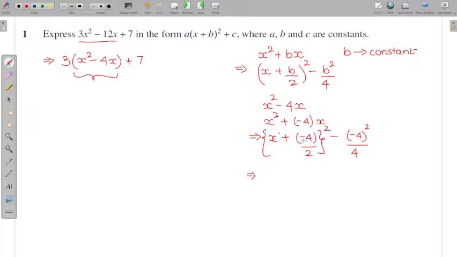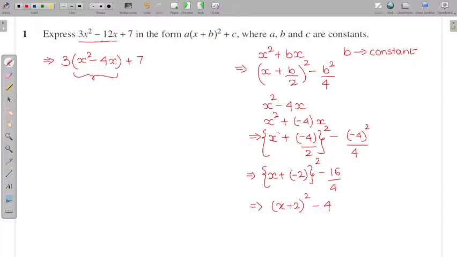So now if we have minus 4 by 2, so that is going to give us minus 2, and x plus of minus 2 will be x minus 2. So x plus of minus 2 whole square minus, so minus 4 whole square will give us 16, so 16 by 4. So the last part will be x minus 2 whole square minus 4.